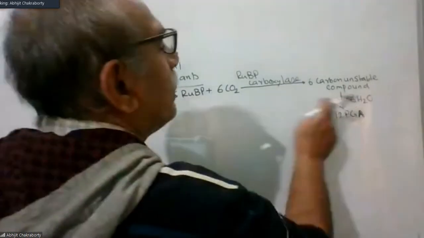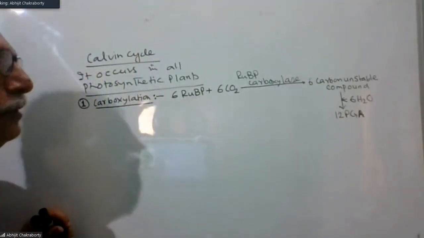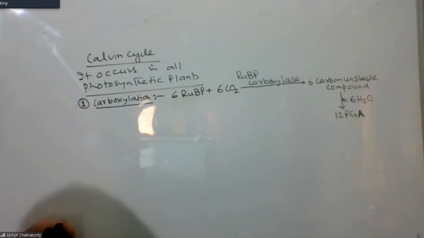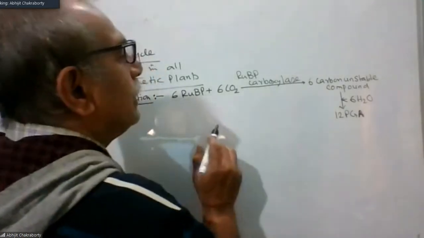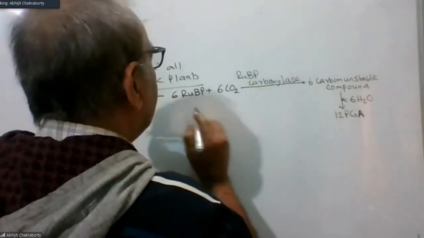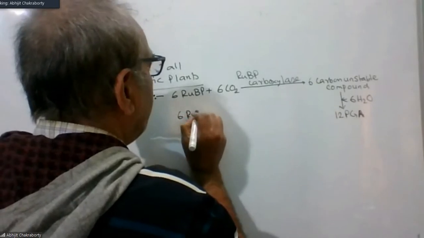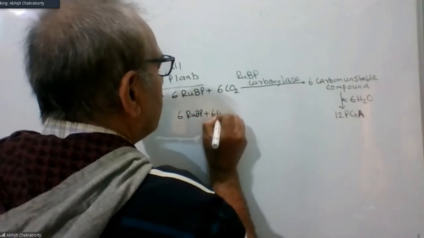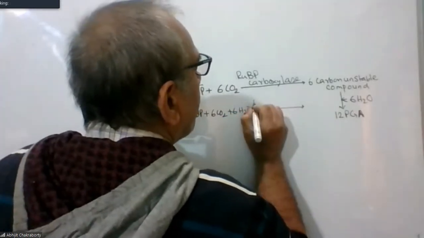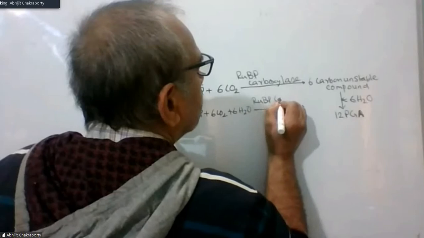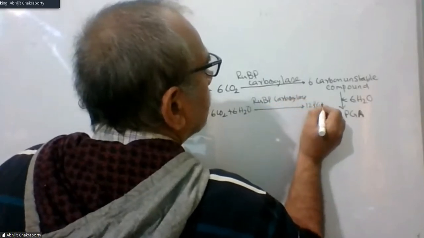Both are taking place simultaneously, with the same enzyme. This is called carboxylation. Clear? Or you can write it directly this way: 6 RuBP plus 6 CO2 plus 6 H2O, with RuBP carboxylase, gives 12 PGA.